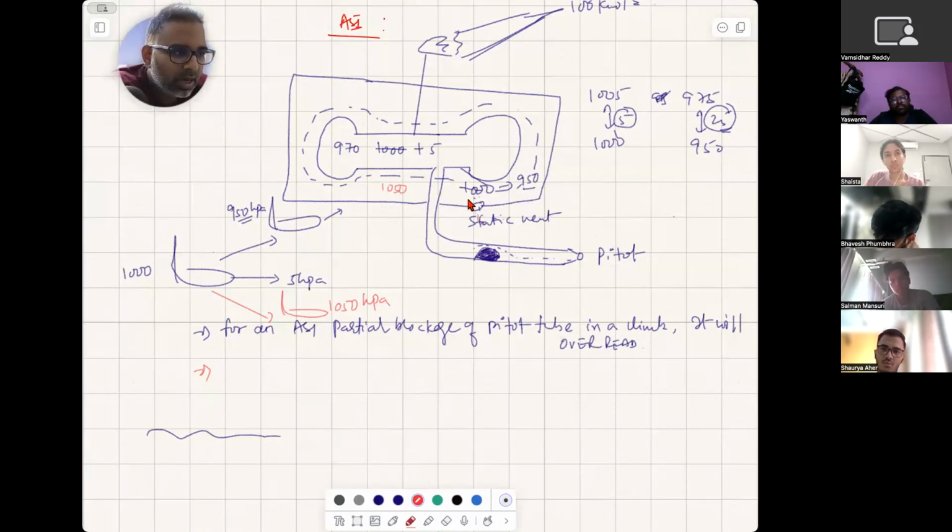That means some extra air has entered as the aircraft goes down, because pressure increases. But can it easily enter through this? No, sir.